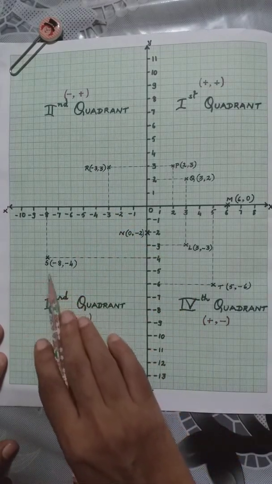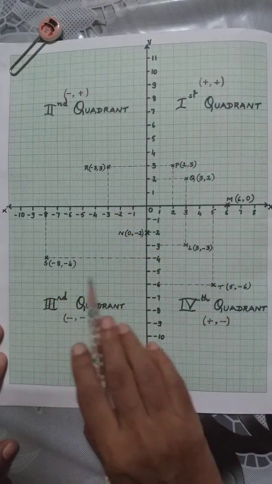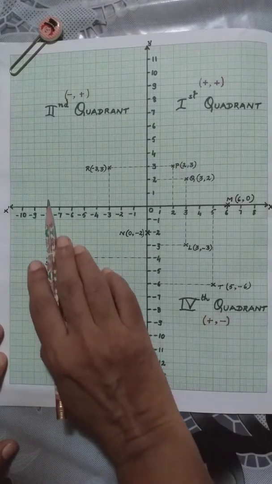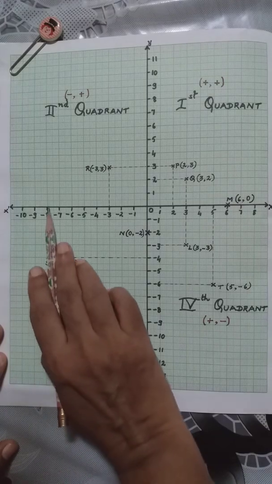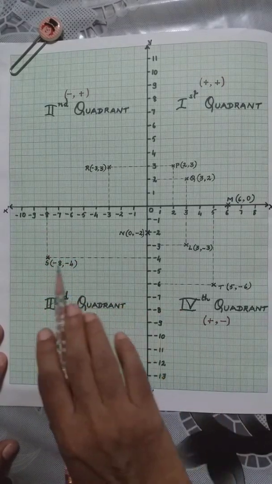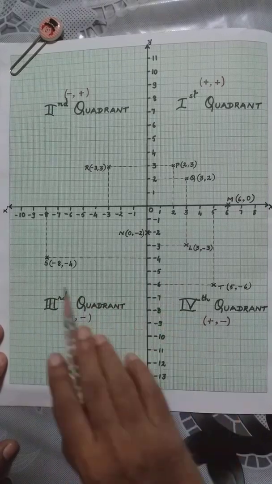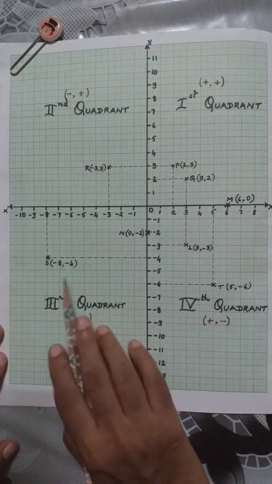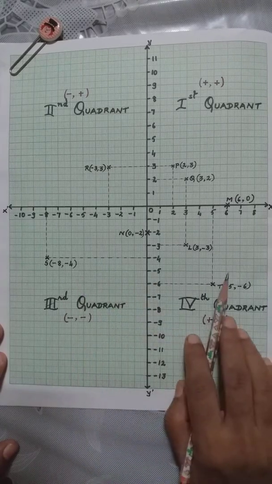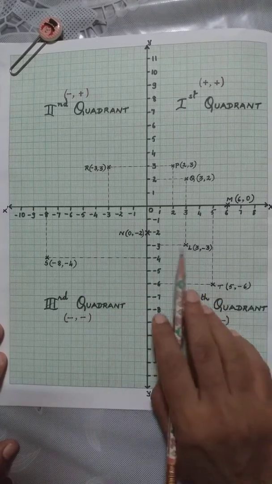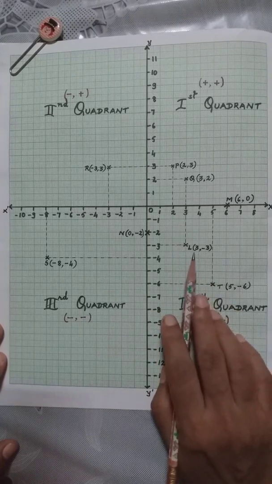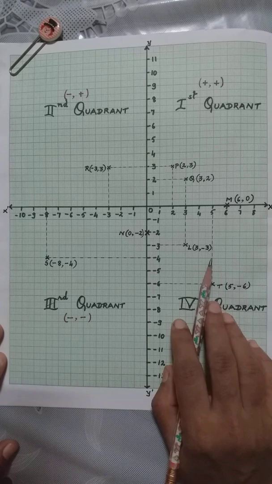If we take the point S here, first we have to see the x-axis. So S corresponds to minus 8 on the x-axis and minus 4 on the y-axis. Therefore the coordinates are minus 8 comma minus 4.